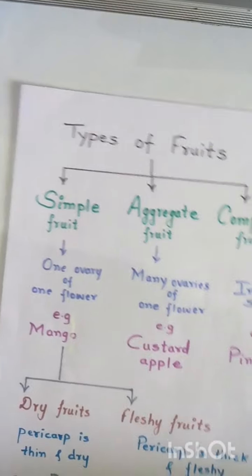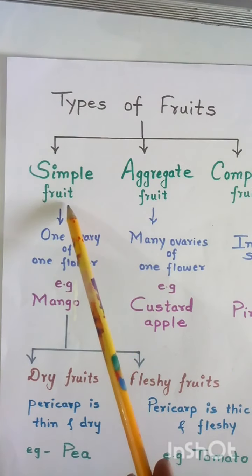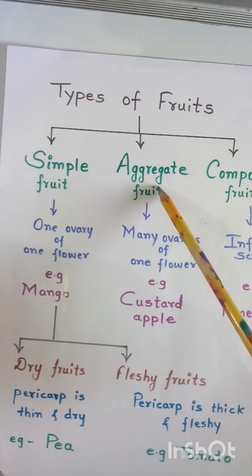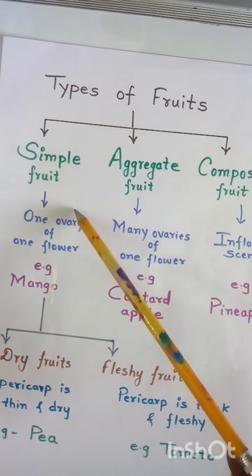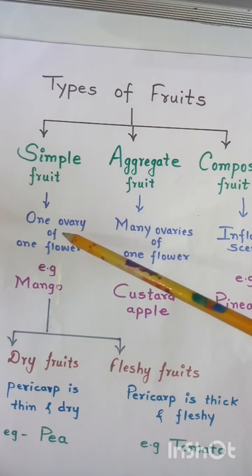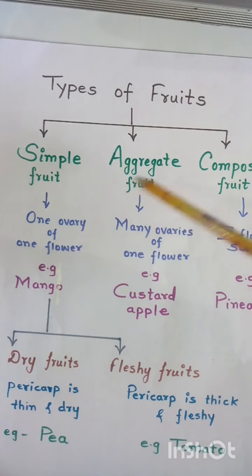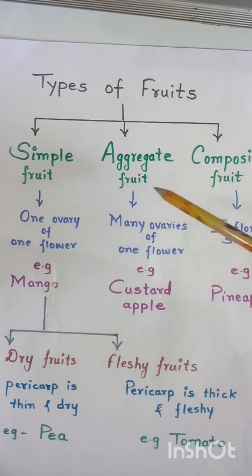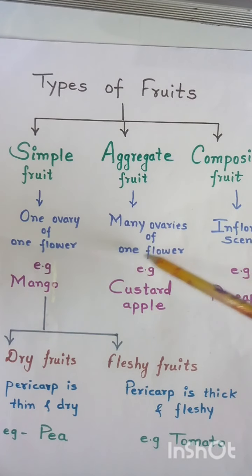Now let's see the different types of fruits. There are three types of fruits: simple fruit, aggregate fruit and composite fruit. Simple fruits are formed from one ovary of one flower, whereas aggregate fruits are formed from many ovaries of one flower.